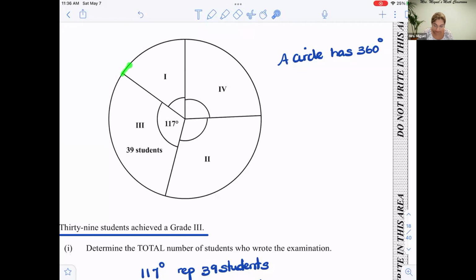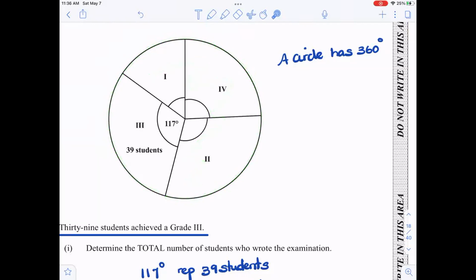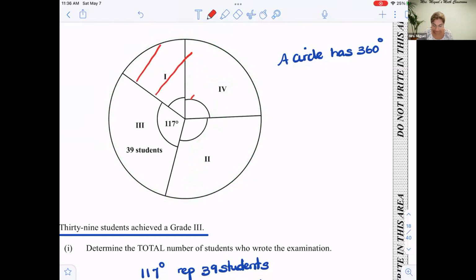The whole circle is 120. How much would this part represent if this share is 39? 81. Very good. So this part here will represent 120 minus 39, which is 81. Is there anybody who doesn't understand that?